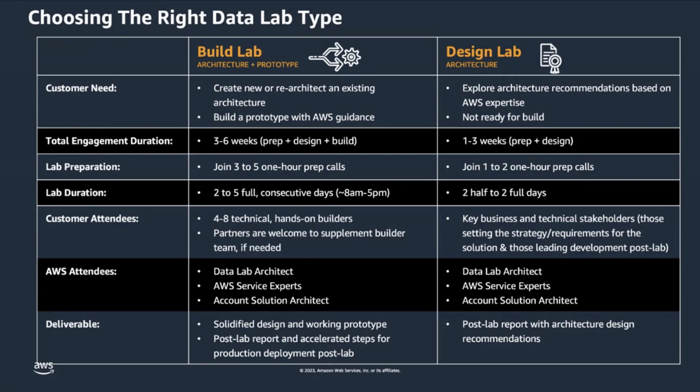It's typically a 3 to 6 week engagement with a couple of preparation calls, and then 2 to 5 consecutive days in terms of total lab time. What you get out of it is a working prototype with a solidified design, something that's really meant to scale to production post lab.